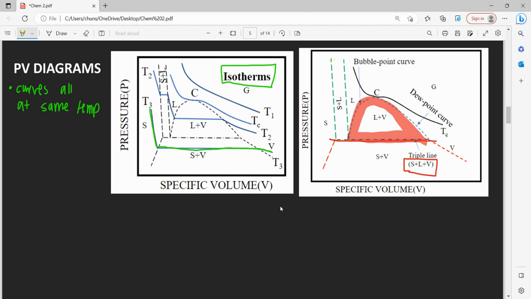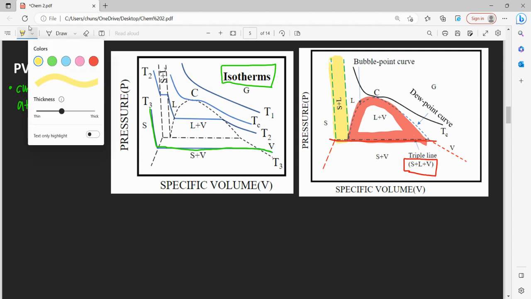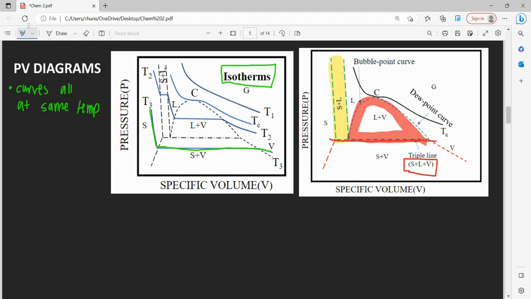We have this little region here, and what lies in between those lines is our solid plus liquid region. And on their own, we've got our liquid region to the right, solid region to the left, and vapor to the right of our solid and vapor line.